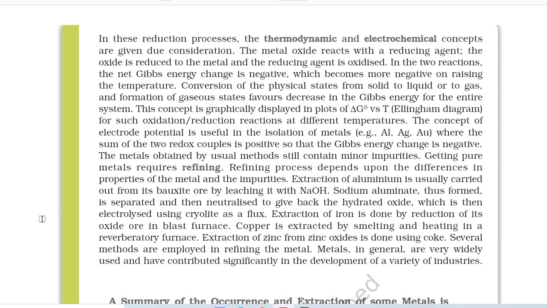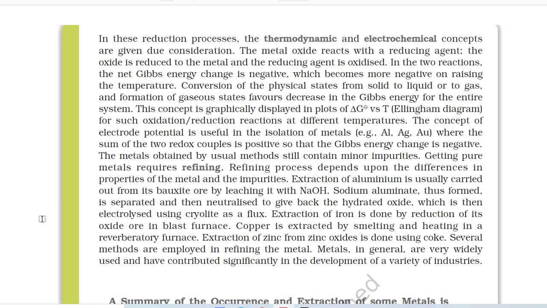Extraction of aluminium is usually carried out from its bauxite ore by leaching it with sodium hydroxide. Sodium aluminate thus formed is separated and then neutralized to give back the hydrated oxide, which is then electrolyzed using cryolite as a flux. Extraction of iron is done by reduction of its oxide ore in a blast furnace.